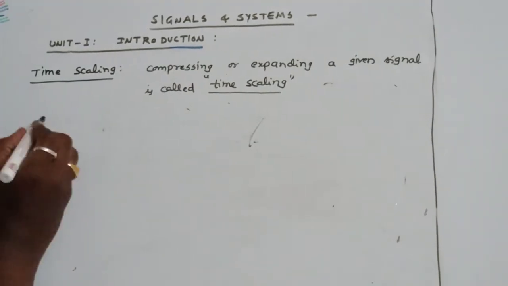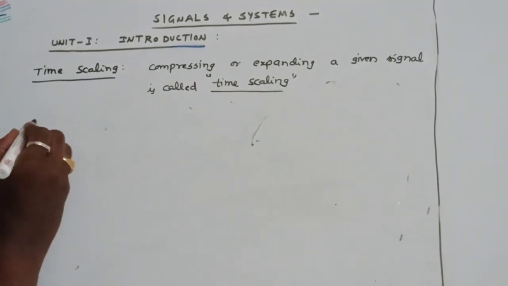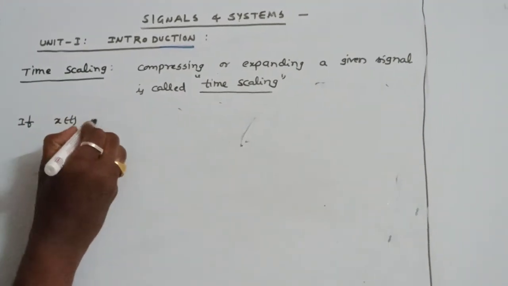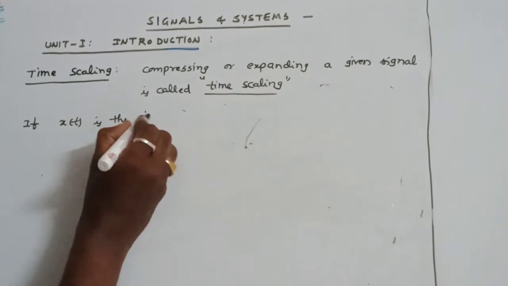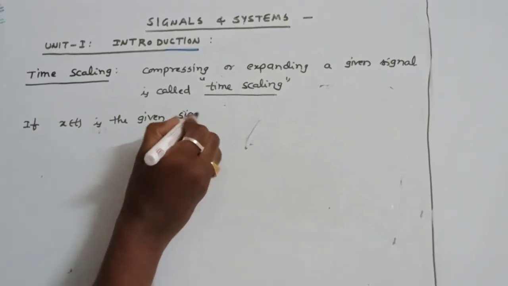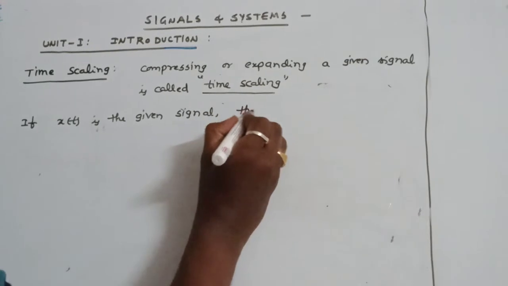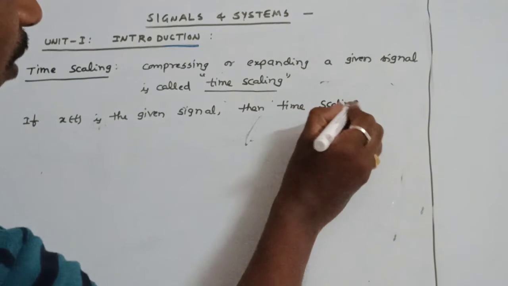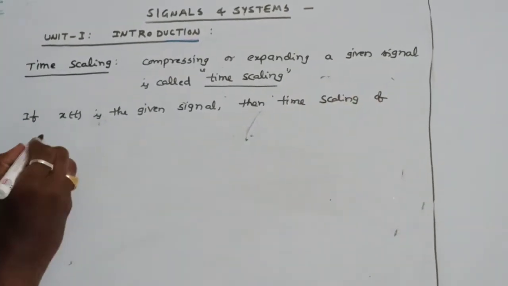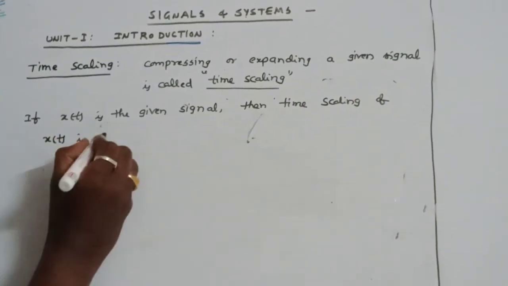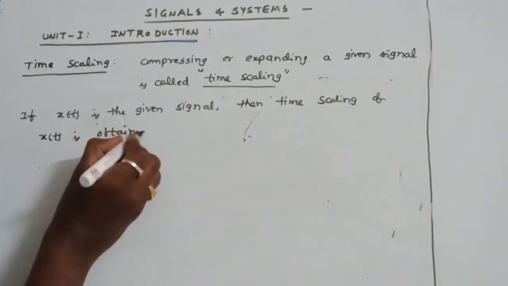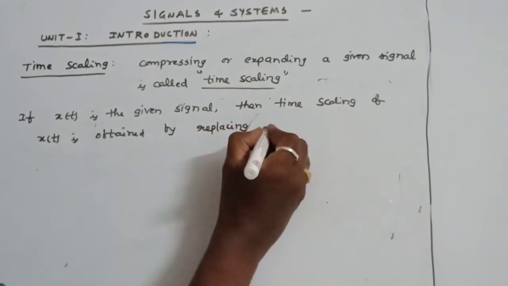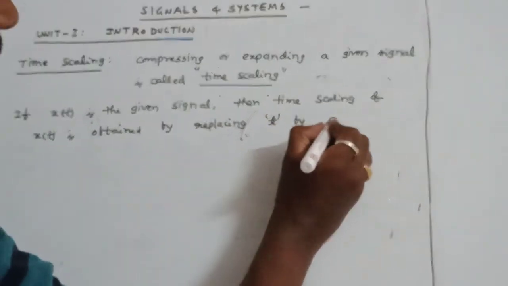For example, if x of t is the given continuous time signal, then the time scaling of x of t is obtained by replacing t by at.